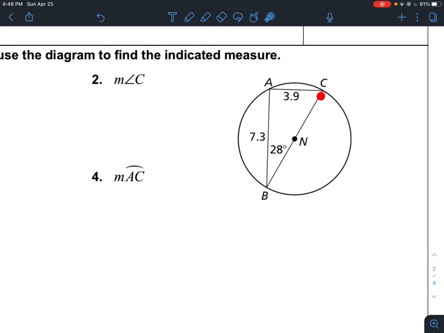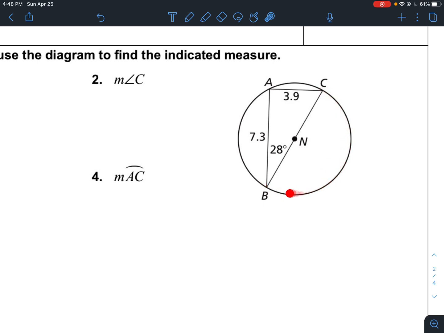if it's right, but BC is a chord of the circle and it runs through the center, so by definition BC is a diameter. Now if this is a diameter, that means this arc right here is a semicircle, so it's 180 degrees.